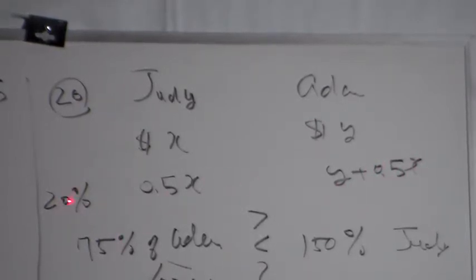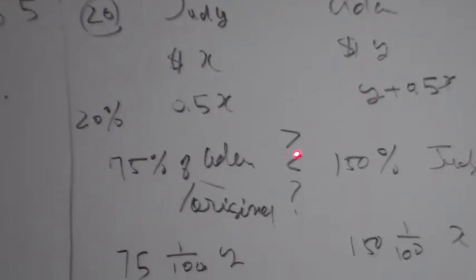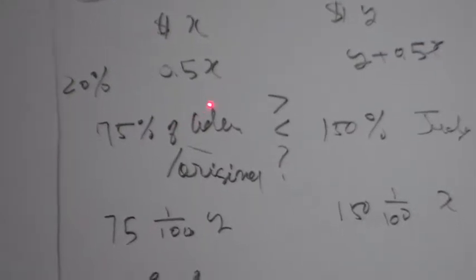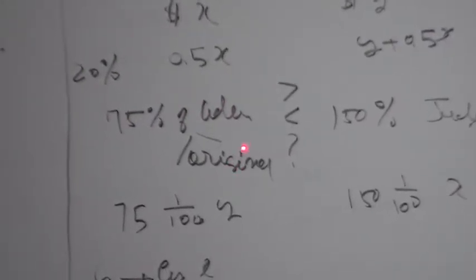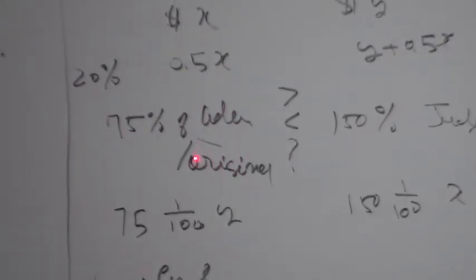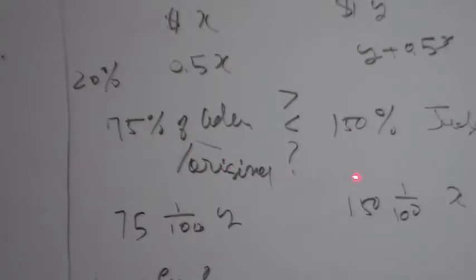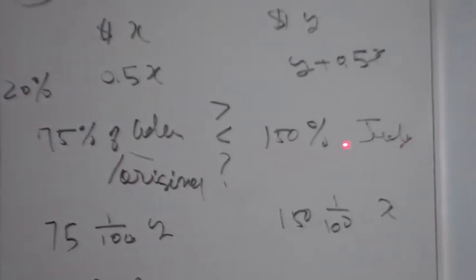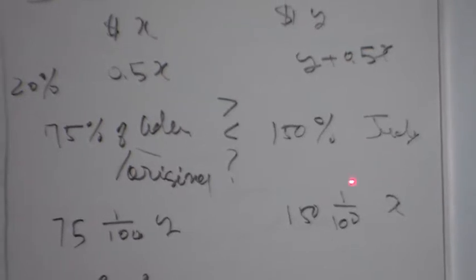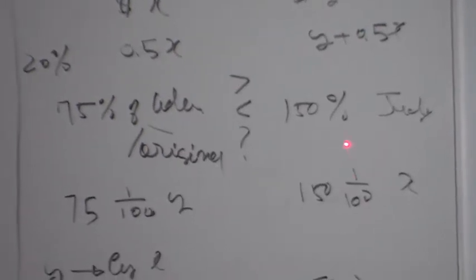Then the restriction given is that Judy has 20% of Adam right now. So the question is, is 75% of Adam's original dollars greater than 150% of what Judy originally had? We can figure it out right there.